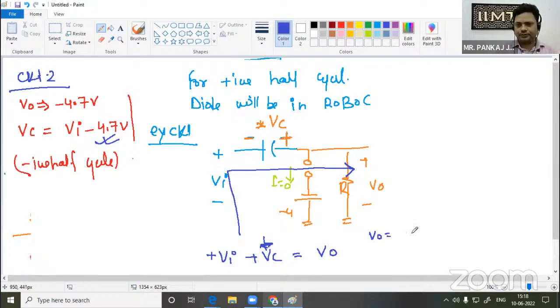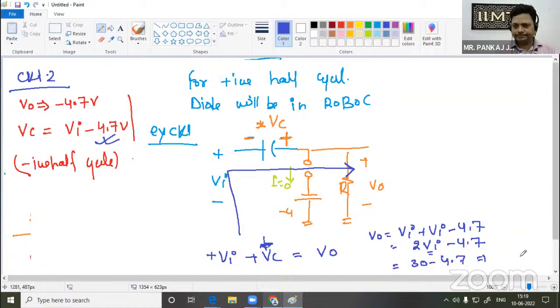So this V output will be Vi plus Vi minus 4.7, that will be 2 Vi minus 4.7. And we have taken our Vi as 15 volt. So it will become 30 minus 4.7, it will be 25.3 volt. So this will be my output in positive half cycle.